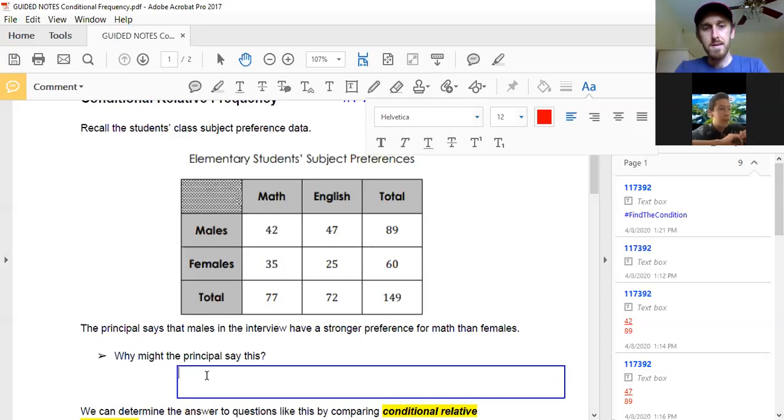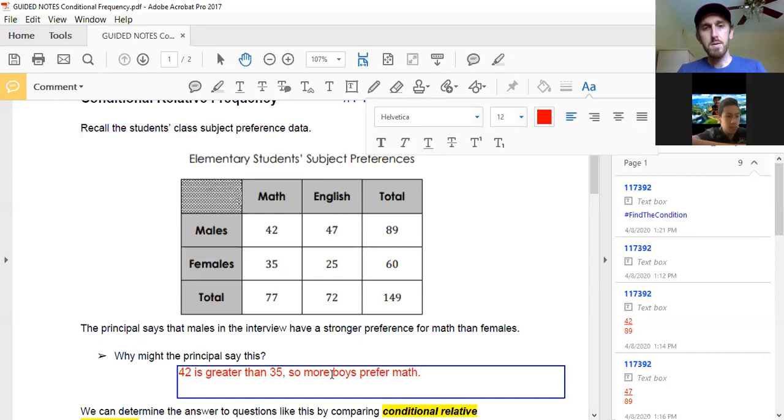Because on the graph shown above, it says that 42 males like math and 35 females like mathematics, and 42 is greater than 35, so more boys.